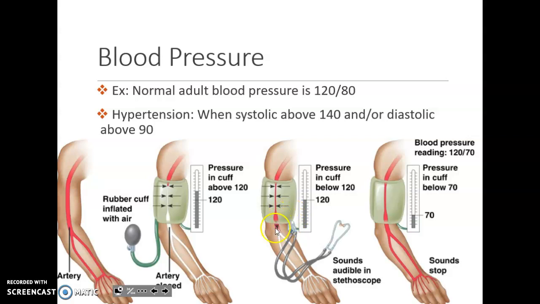And then the nurse or whoever is taking blood pressure will listen, and when they start hearing the blood coming through in your stethoscope, they can hear the little whooshing sound, then that is your maximum pressure. And then when they stop hearing the sound, that's your minimum pressure. So you can hear when it starts flowing through, and then you can hear when it is flowing freely.